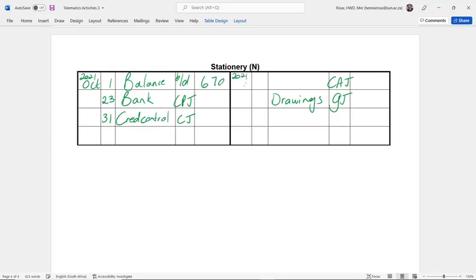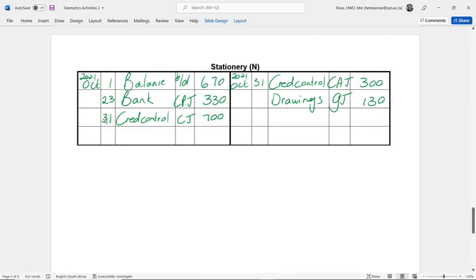We've returned stationery. We credit stationery and we debit creditors control. We bought stationery, cash to the value of 330, on credit 700, we returned to the value of 300, and the owner took stationery to the value of 130.